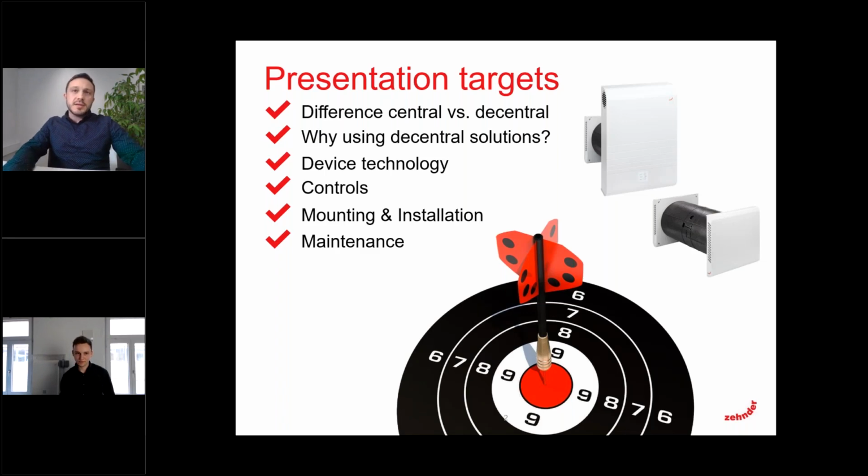Well, why use decentral solutions? Then Adrian will talk more in detail about device technology, about the controls and different air quality sensors.